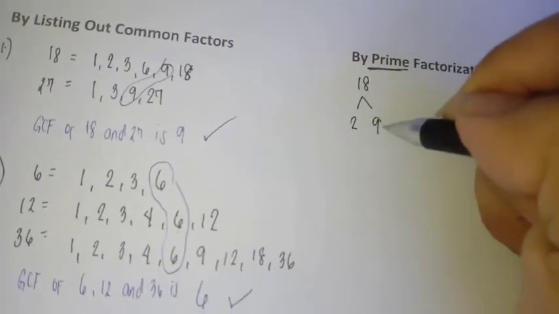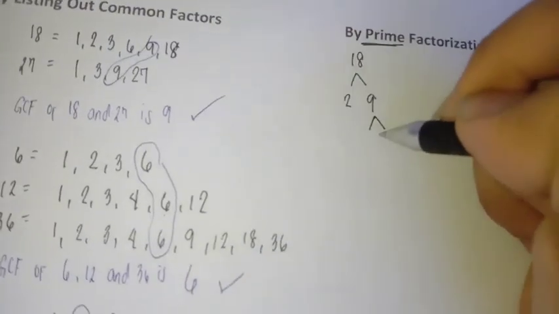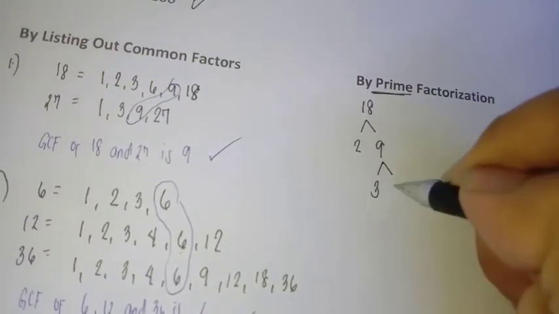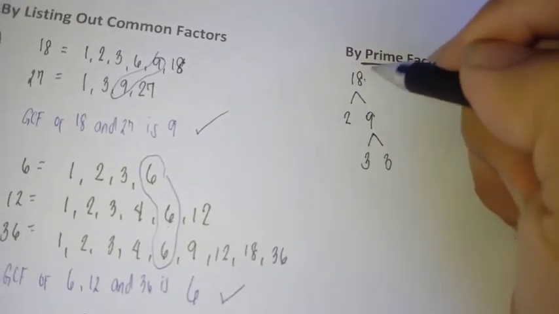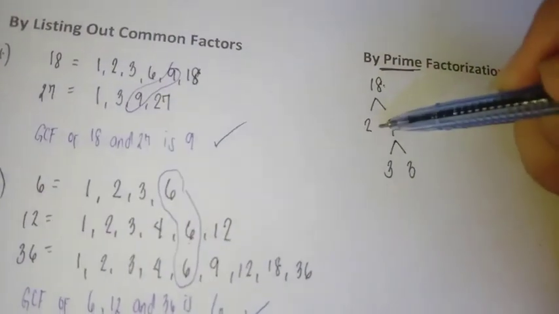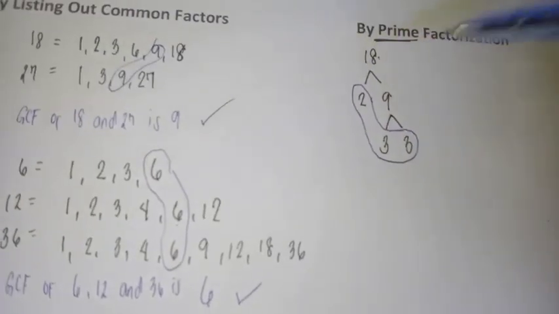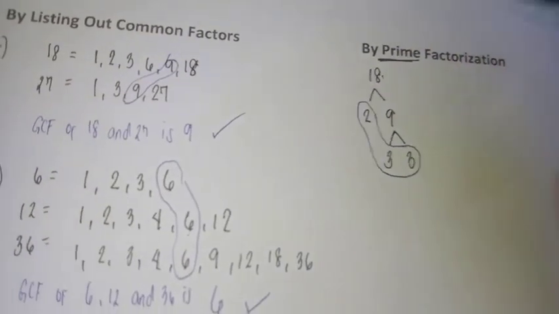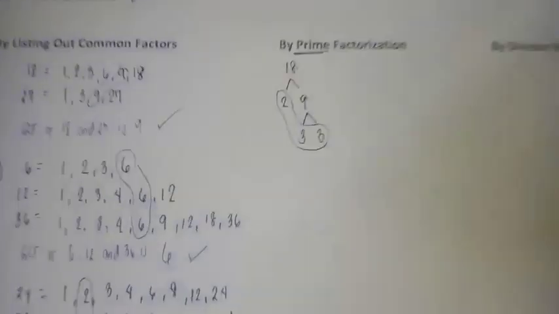So 9 is not a prime factor, so we will factor this further. And that is 3 times 3. Therefore, the prime factorization of 18 is 2, 3, and 3. 2 times 3 times 3 is equal to 18. So these are the prime factors of 18.